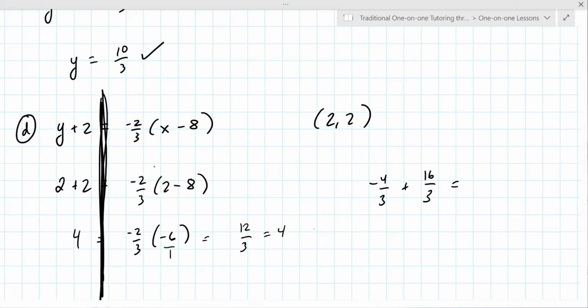4 equals -4/3 plus 16 over 3. Okay. So it's totally different now. So you get 4 equals -12 over 3, which then equals 4 equals -4, 1 equals -1.